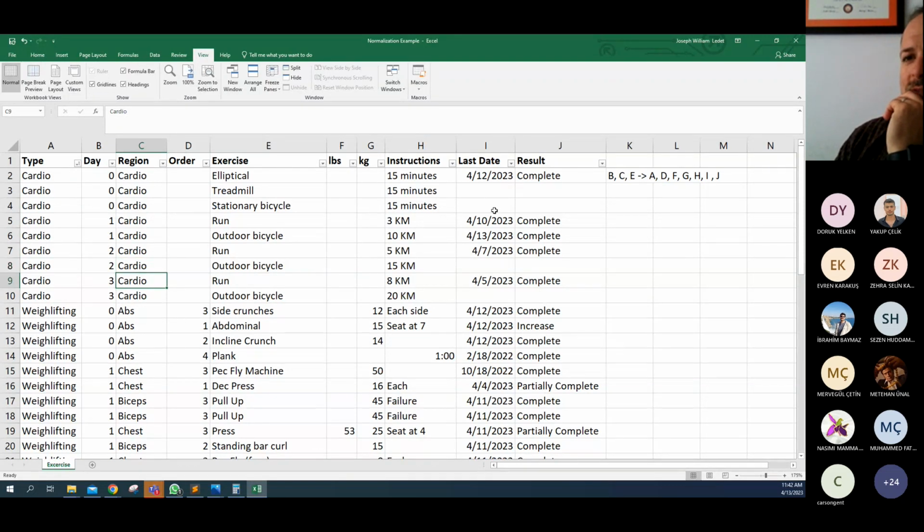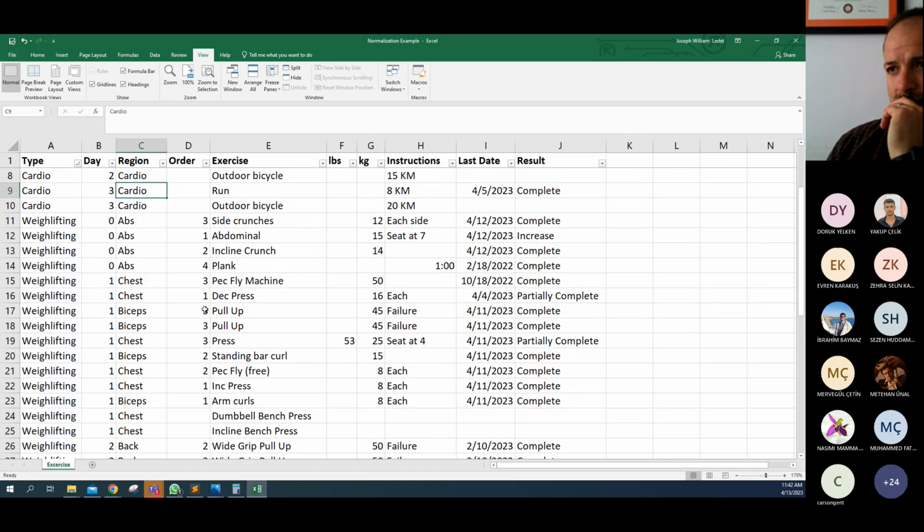Are there any other partial dependencies that we can identify, or transitive dependencies? Yeah, C determines A, doesn't it?